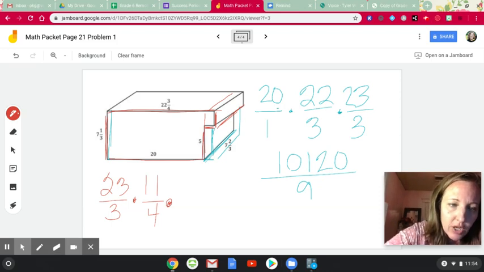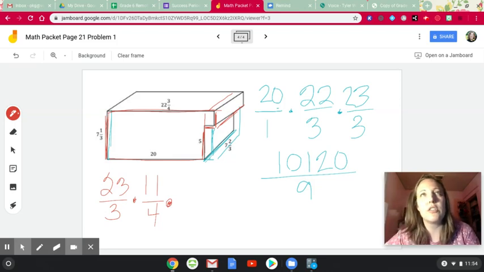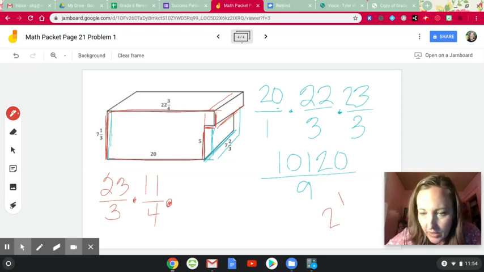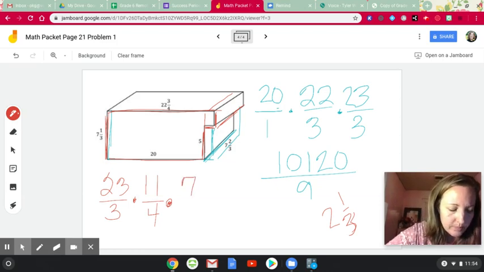How much longer is 7 1/3 than 5? Let's see, 5, 6, 7 1/3. So that's 2 1/3. And 2 1/3 is the same as 7/3, right? 3 times 2 is 6 plus 1 is 7/3.